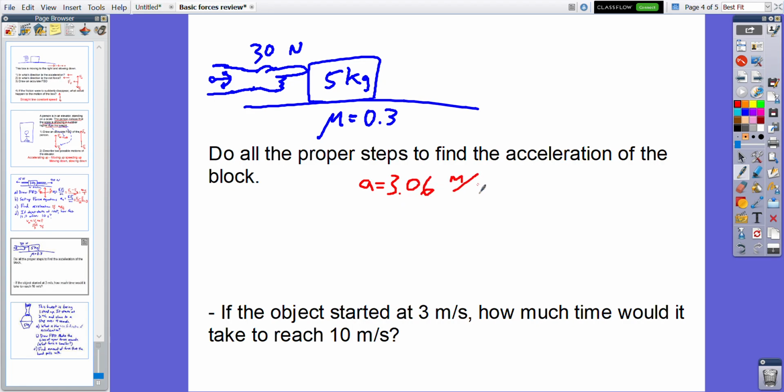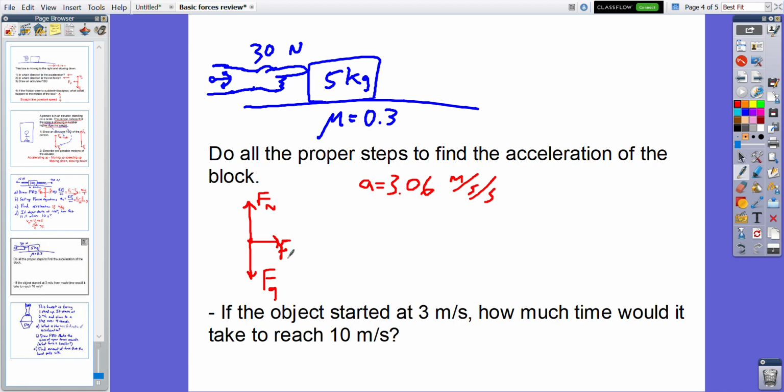And once again, do all your steps, right? FBD: normal, gravity, and finger, or you can do hand. You can say push as well.